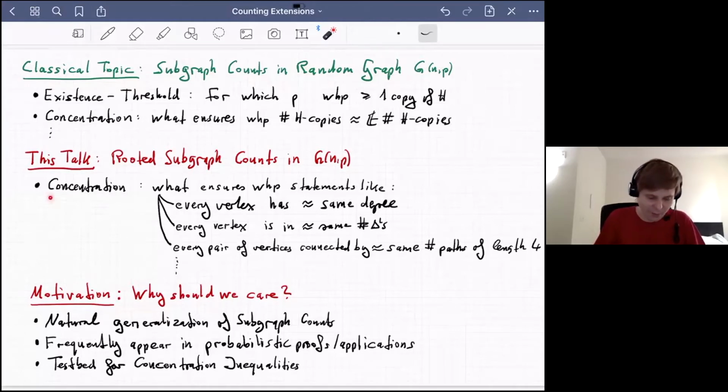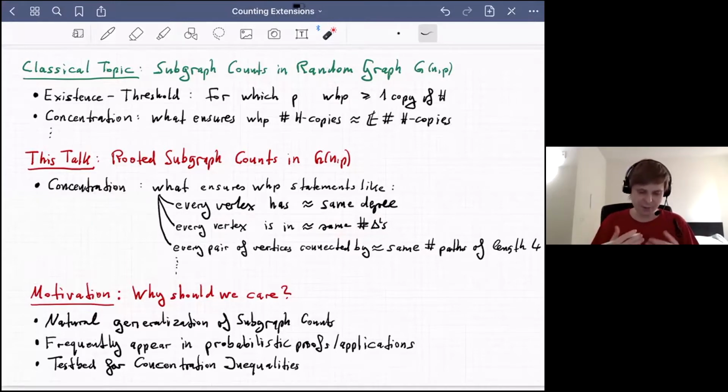When we ask the concentration question, the natural variant is what conditions ensure that, for example, at every vertex we have approximately the same degree, which should be close to the expected value. Or what conditions on p ensure that every vertex is contained in roughly the same number of triangles? Or similarly, that every pair of vertices is contained in roughly the same number of paths of length 4.